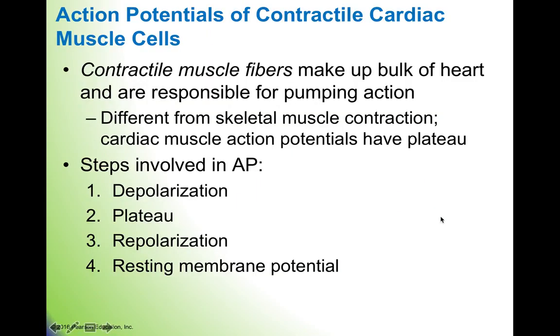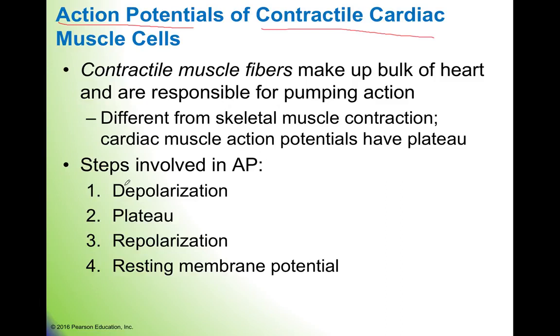So the action potential that is created in your non-contractile cell, that energy eventually leads to creation of electrical impulses within the contractile cells, which is the second part of this process. Action potential within the contractile cells of your cardiac muscle.